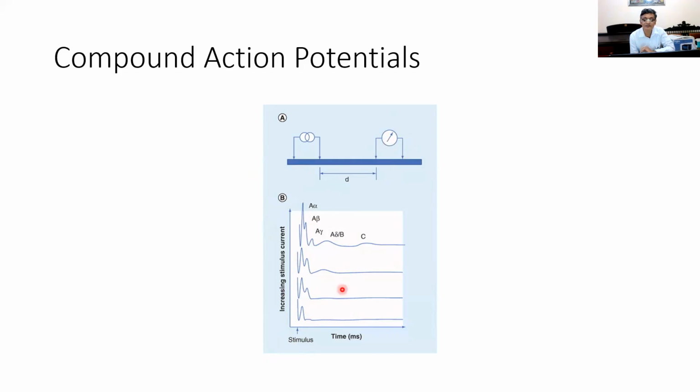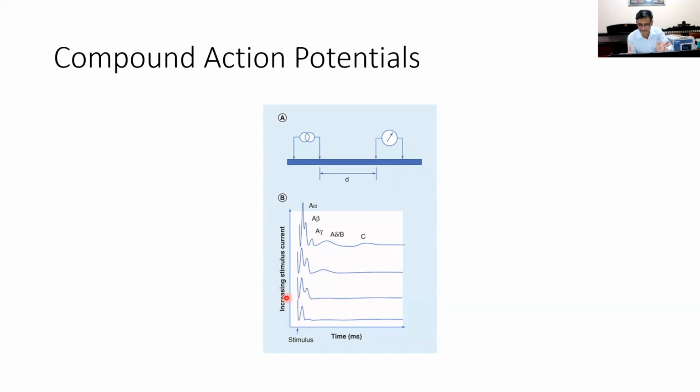If the stimulus is very small, because the y-axis shows increasing stimulus current, you can give, say, 2 millivolts to begin with. It just stimulates a few fast conducting fibers, A alpha fibers, nothing else is seen. And then you increase the voltage.